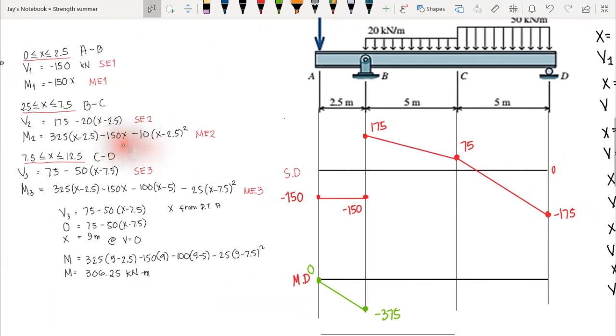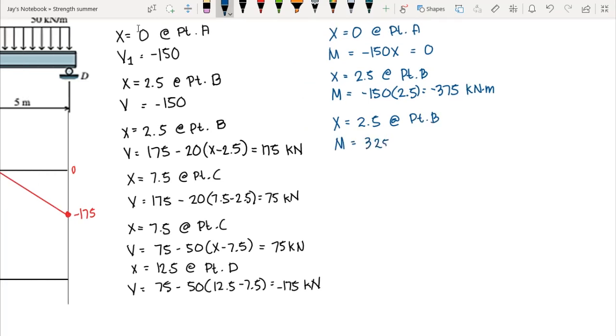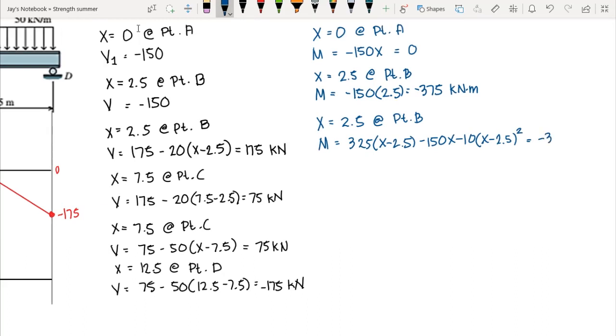Now for segment BC, we will be using this equation: 325 times x minus 2.5, minus 150x, minus 10 times x minus 2.5 squared. We have x equal to 2.5, and that is at point B. By substituting the value of x, that is 2.5, we get the answer equal to negative 375 kilonewton meter.